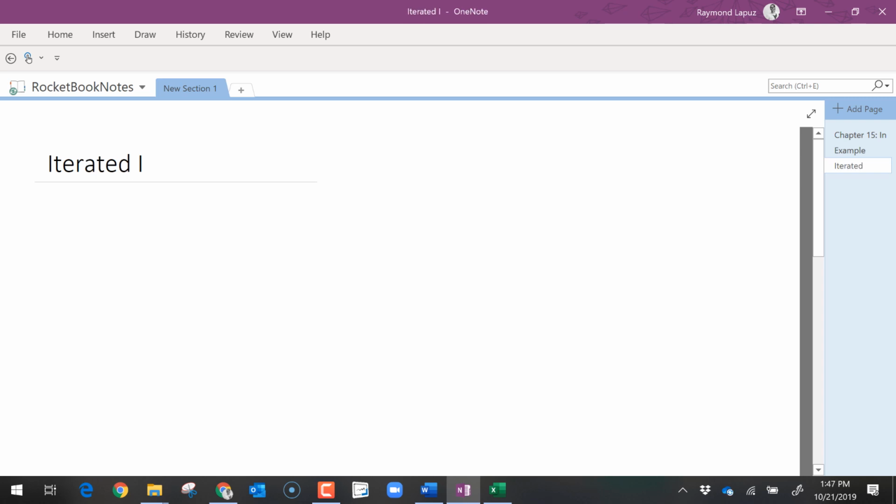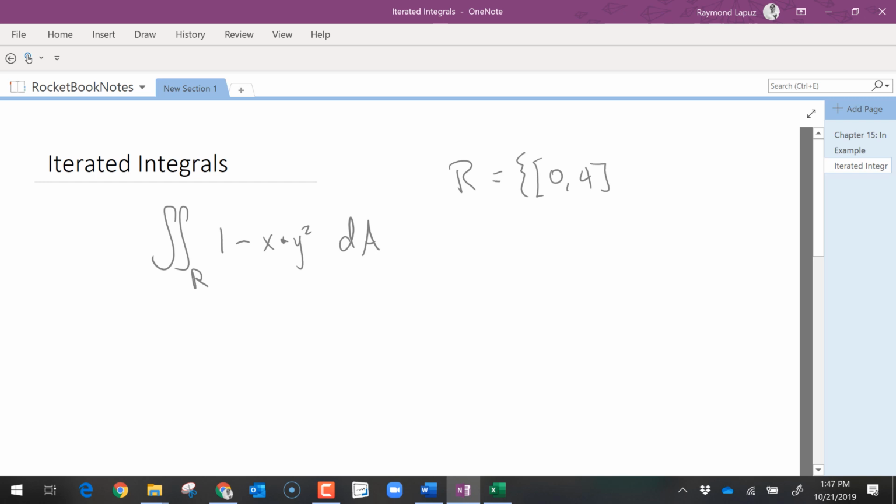Iterated integrals. Let me show you this problem, where we're going to use what's called an iterated integral.